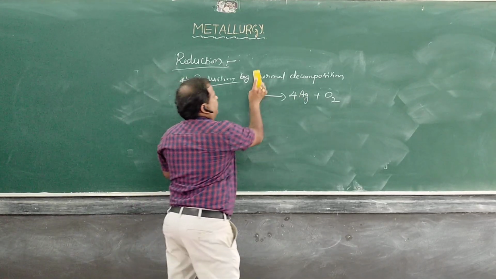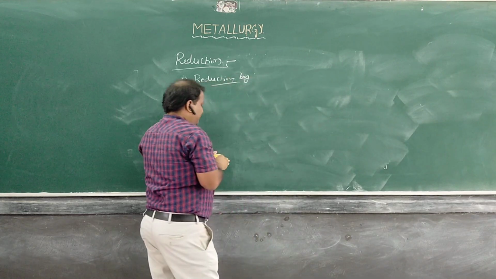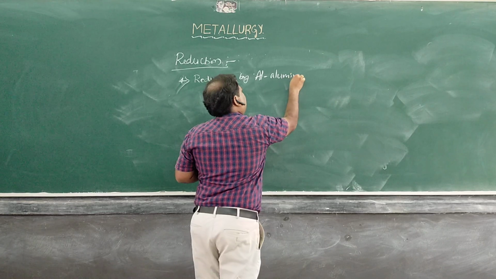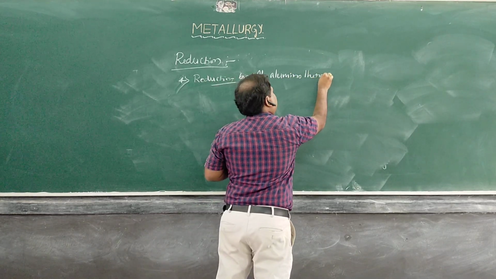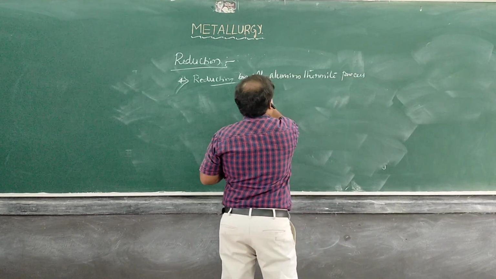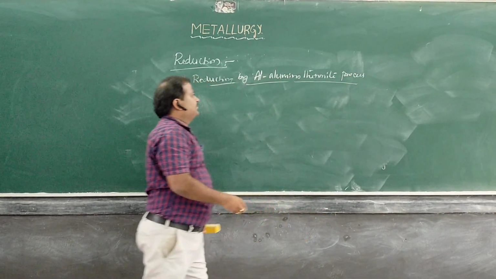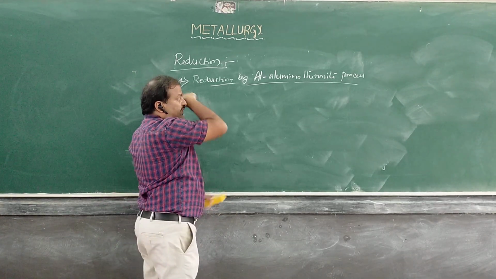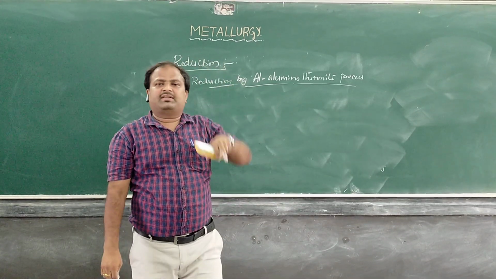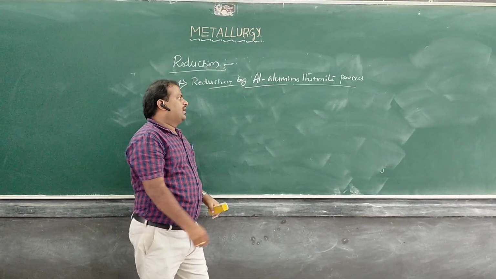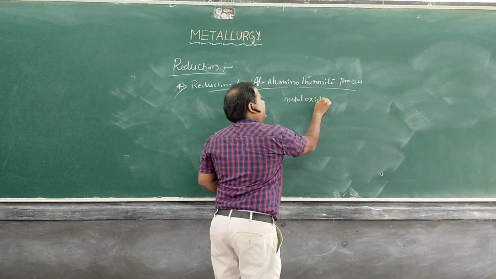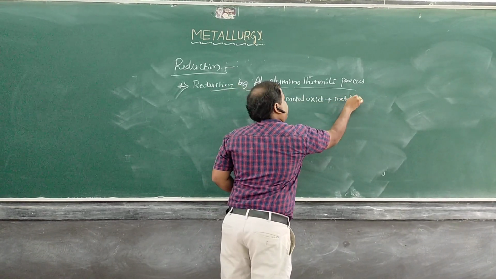So next, reduction by the aluminothermite process. Before that, the thermite process is nothing but a pyrotechnic composition of metal oxide and metal powder.